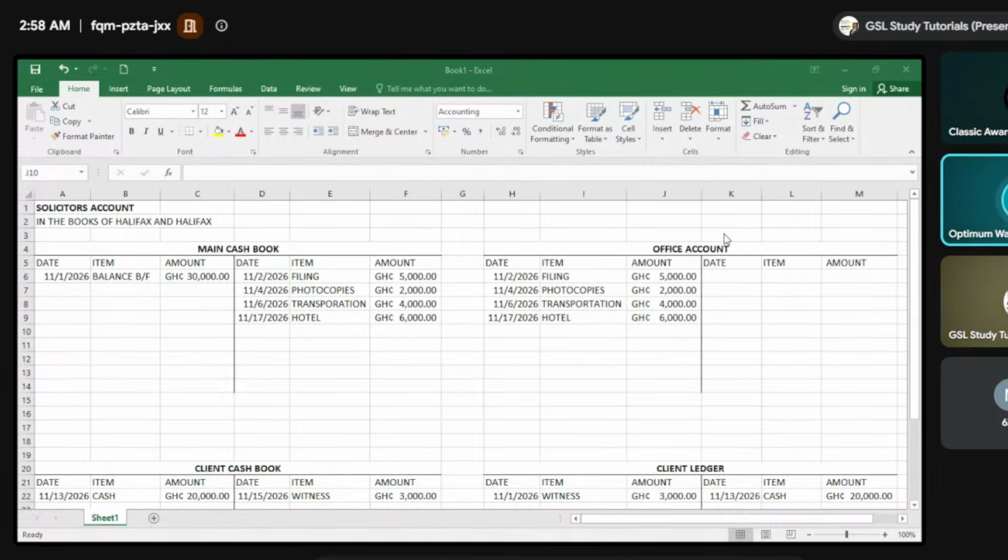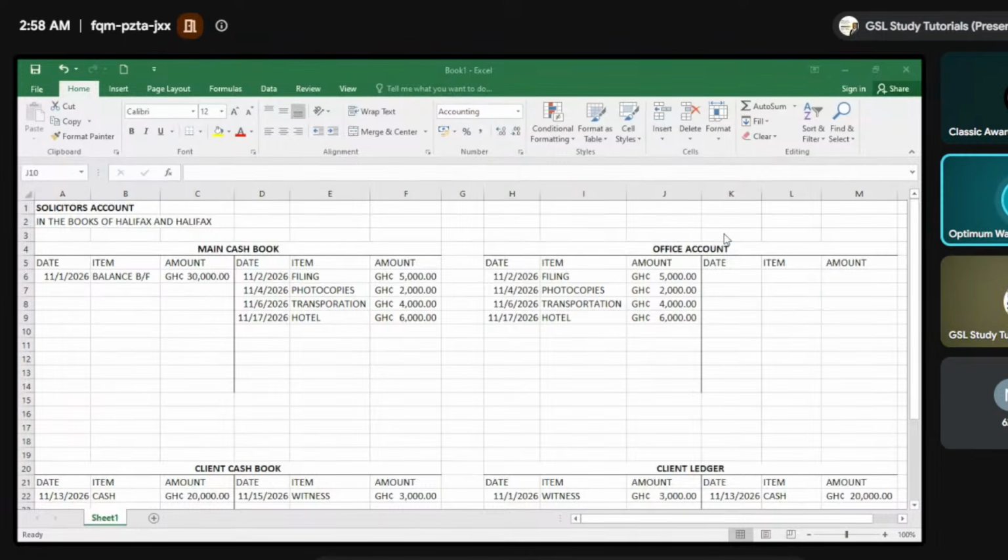We go to the client ledger. Please finish it for us. Client ledger debit. Then what again? And then we credit the legal fees ledger. Back to old rules for simplicity. We are dealing with the two ledgers.